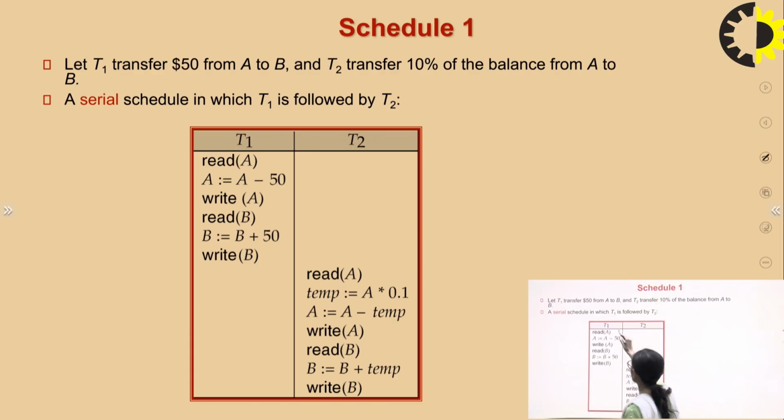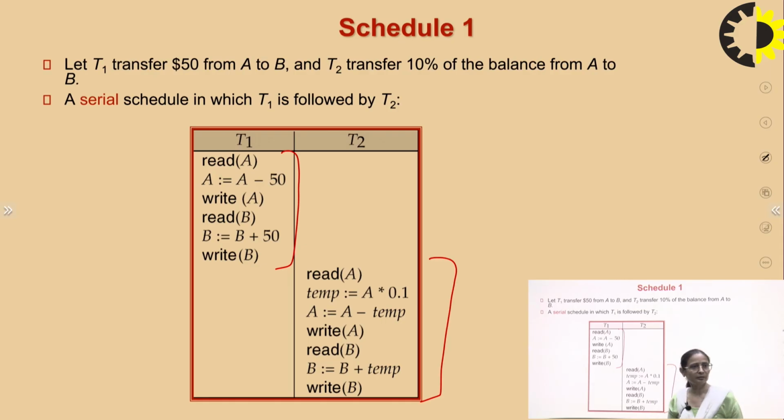In this case, all the instructions where we are updating the A and B data items come, and in T2 again A and B. But this is an example of a serial schedule, because all the instructions corresponding to T1 execute, and once they complete their execution, only after that does the execution of T2 start.